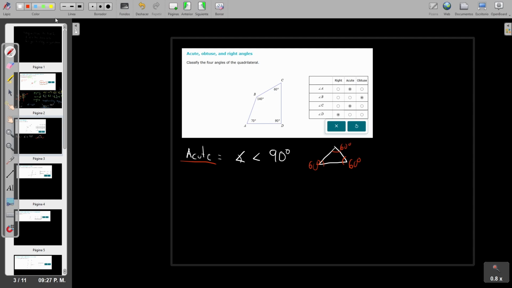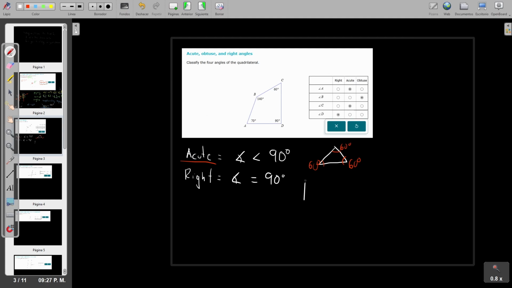Now, a right angle. Right angle means that the angle is exactly 90 degrees. Okay?